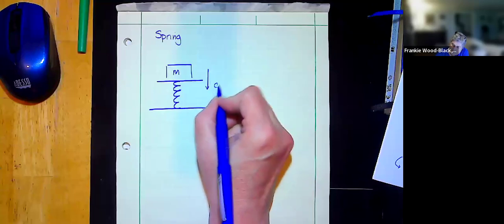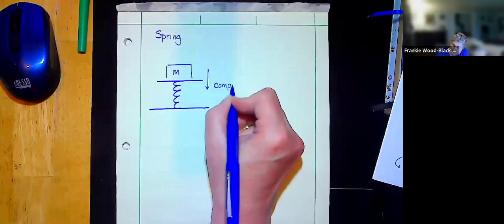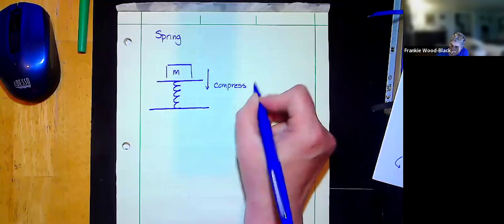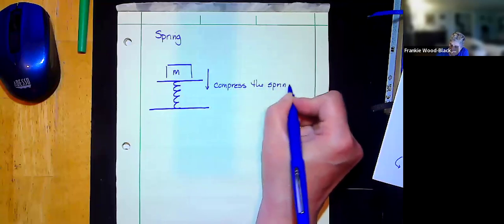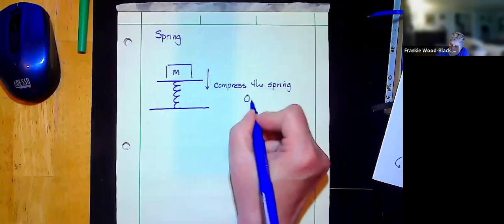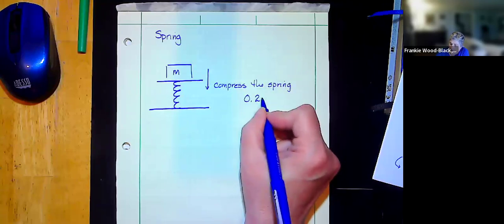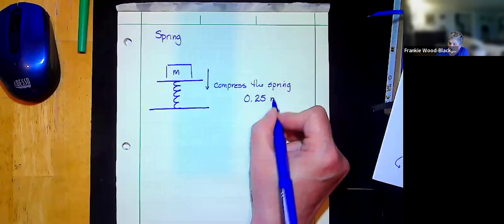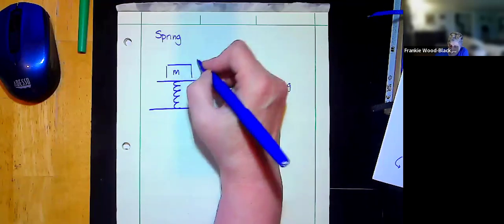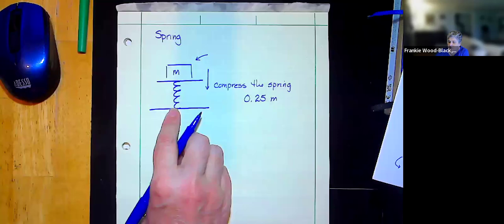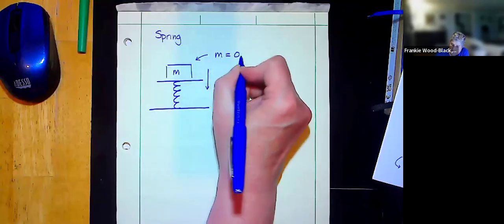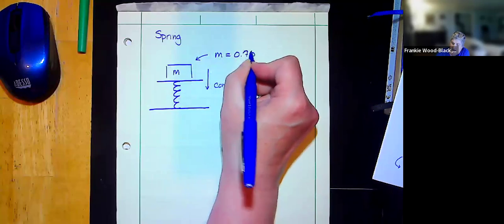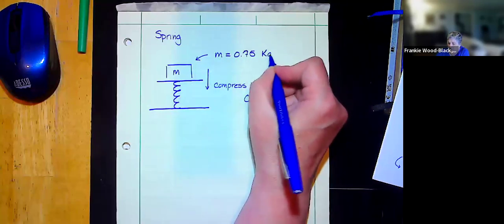We're going to compress the spring 0.25 meters. And the mass that I put on this to test my spring, we're going to say is equal to 0.75 kilograms.